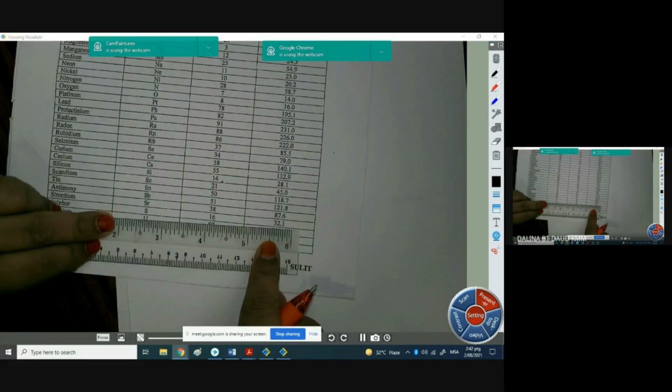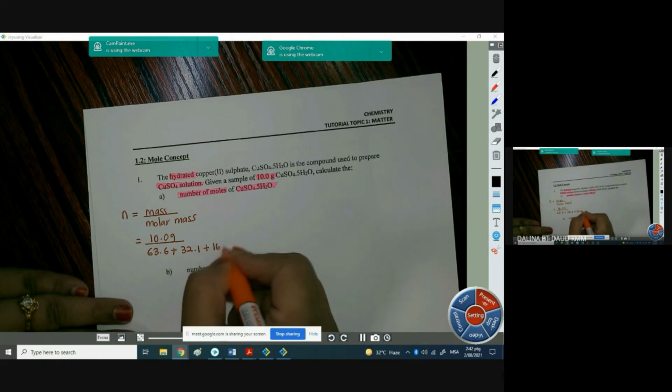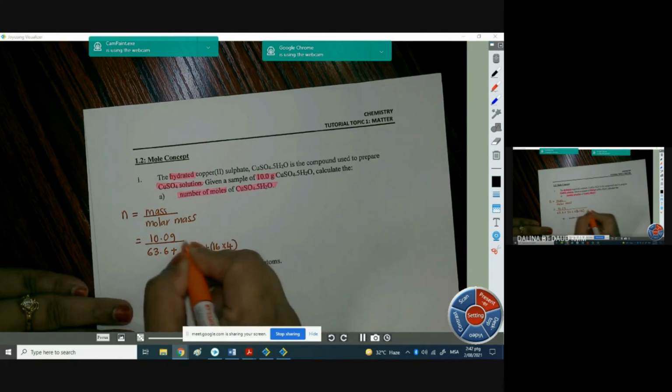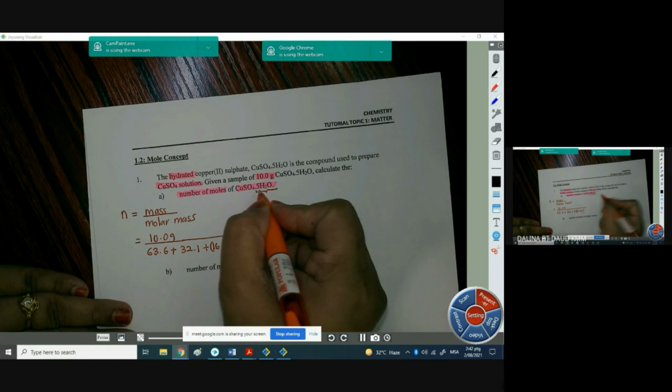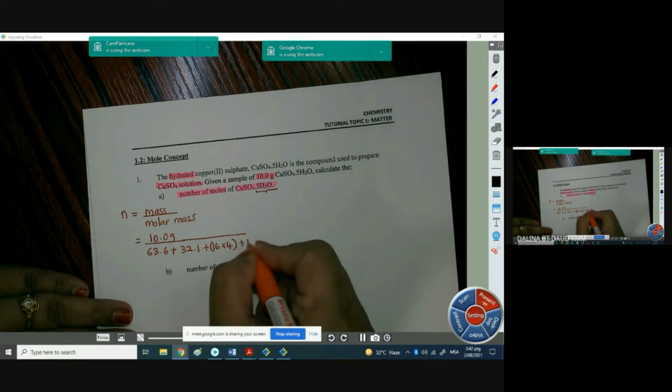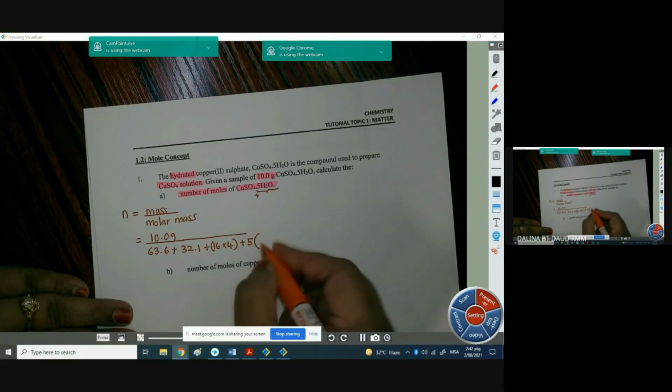Our sulfur is 32.1. Okay, we have oxygen, which is 16 times 4. For this one, water has a dot there. The dot means add 5 times, 2 times 1 plus 16 for oxygen.